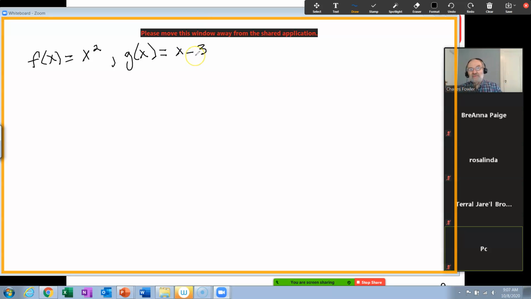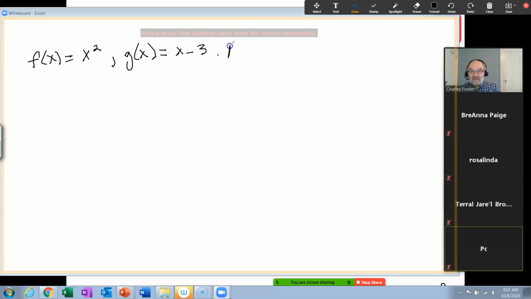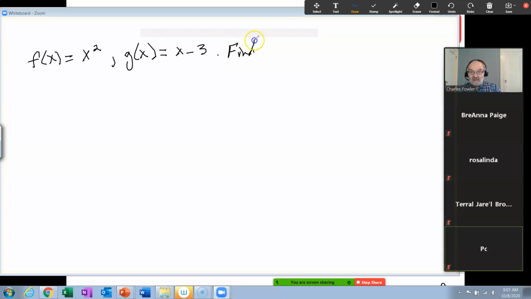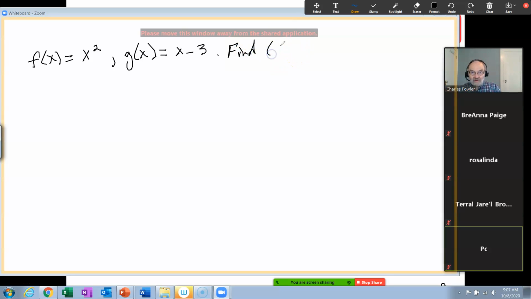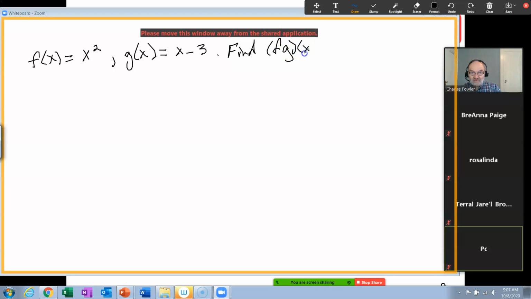Oh, I meant to go on and plug the others in before, but you could go back and do that. And what you're asked to do is find fg of x, the product function.